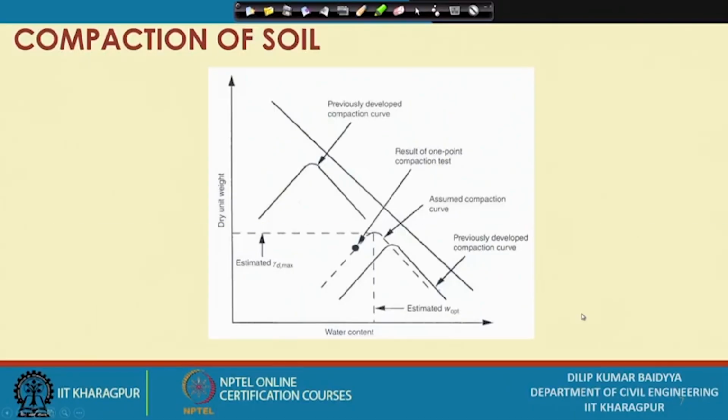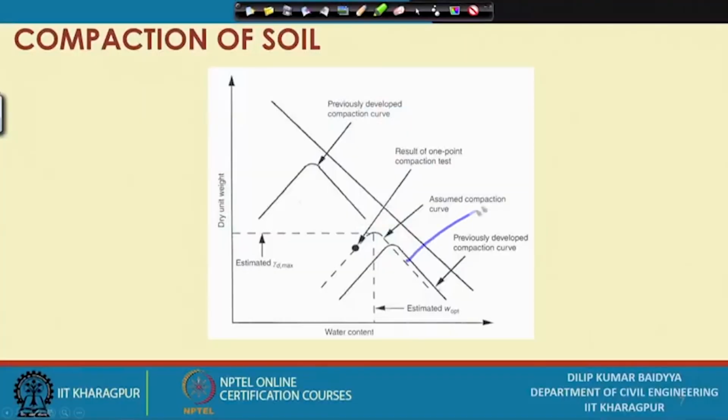Similarly, here sometimes we have compaction curves of different energy levels, and by the one point method we can also find out the optimum moisture content. Suppose I have a curve with one energy level and another curve with another energy level, but I use neither of these energies. Then I have to use some other energy, and with that energy I can conduct one test and find a point.